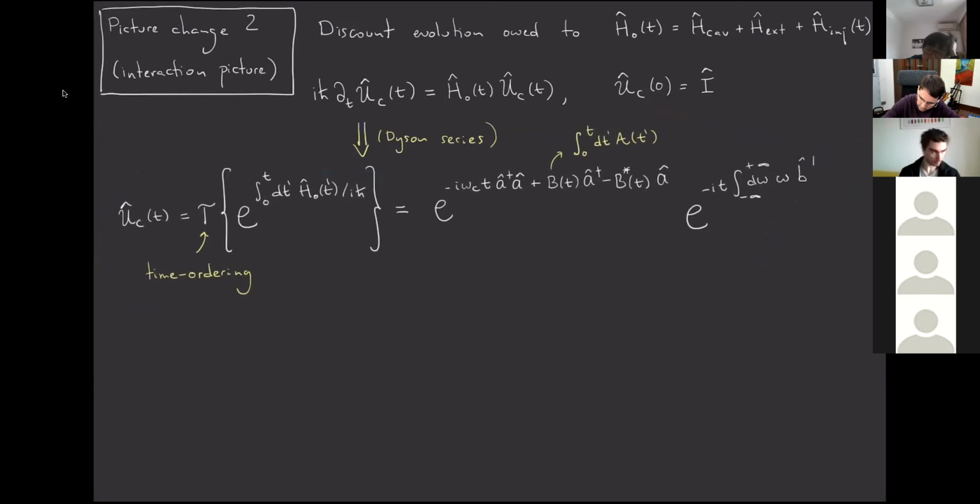So we get the b dagger b. Okay, and now I can remove the time ordering operator because now I don't have any operators that have time dependence. So all the time dependence is in these factors here. And now this expression is fine. So time order or no time order, this expression is already time ordered.